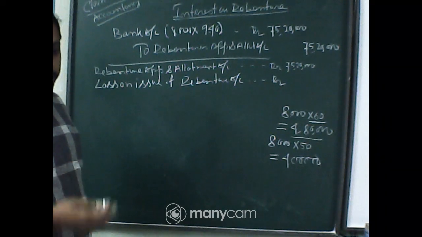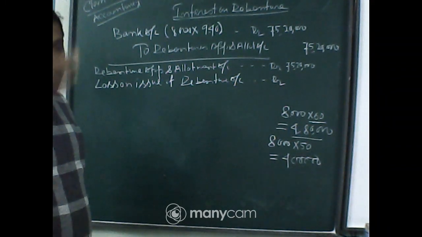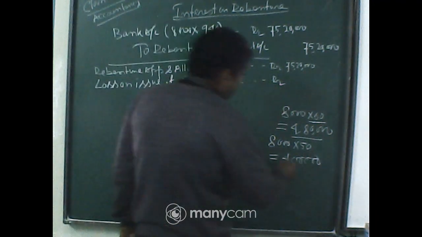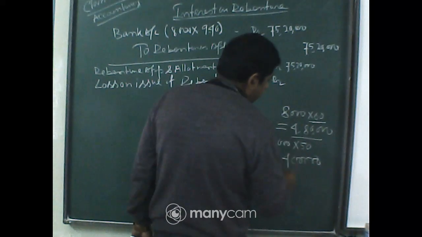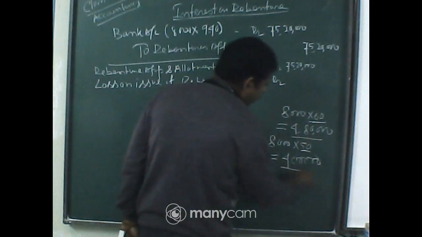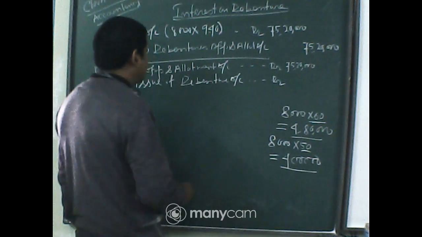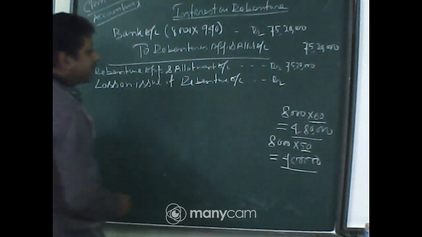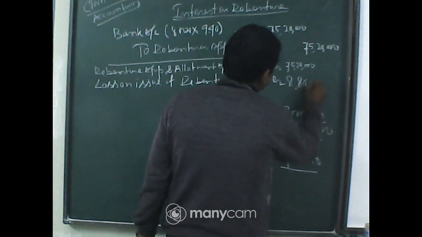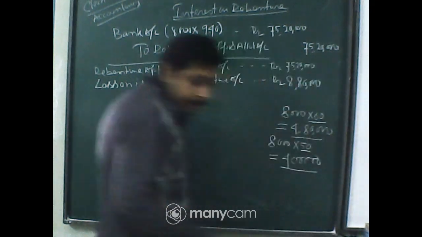So this 5 rupees is actually a loss, because our actual nominal value is 1,000. So 5% means 50 rupees. So here again there is a loss of 4 lakhs. So both the losses we have to record as loss on issue of debenture, that is 8,80,000. That is the total loss.